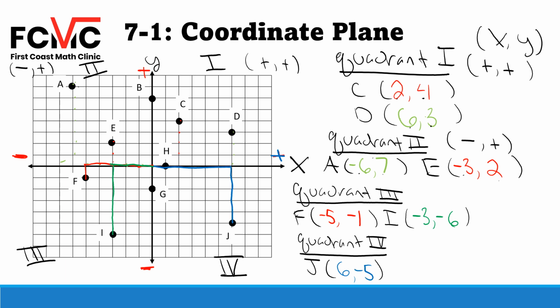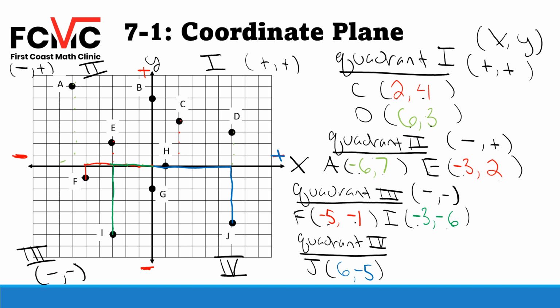So let's look at the signs that we have here, right? So in quadrant 3, we've got a negative and a negative, negative and negative. So quadrant 3, our signs are going to be negative, negative. So all the coordinates in quadrant 3 are going to be negative, negative.